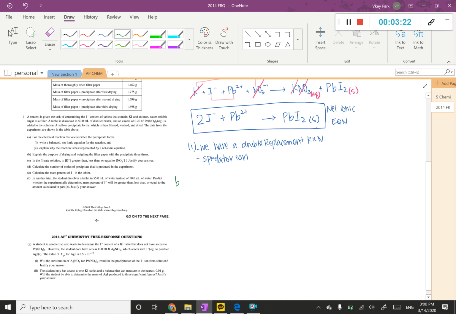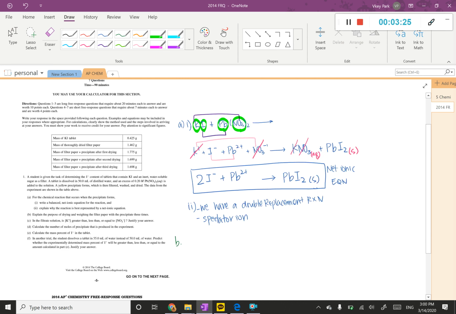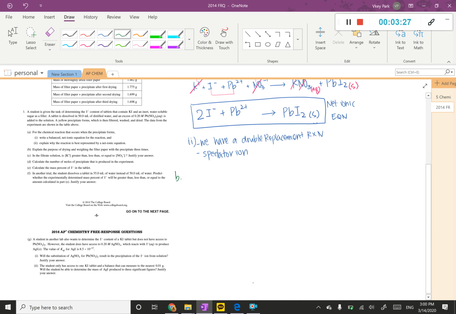I'm going to change colors so that we can see. B says, explain the purpose of drying and weighing the filter paper with the precipitate 3 times. The reason we do that is because we want to make sure that the mass is constant.